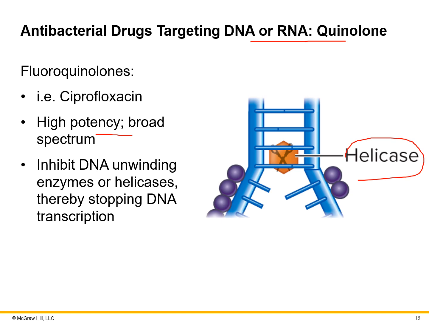So in order for DNA to be copied, so the cell can divide and multiply, helicase comes along and essentially breaks these bonds between the DNA and separates them into two strands. Well, what this group of drugs does is it blocks essentially the scissors, so the DNA can't unwind, and therefore it can't go through DNA transcription and it can't be replicated.